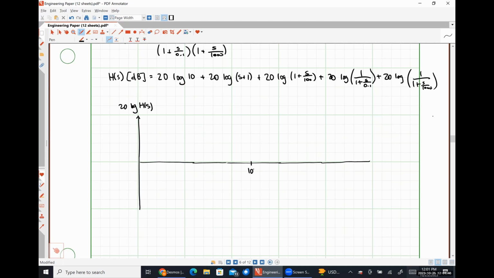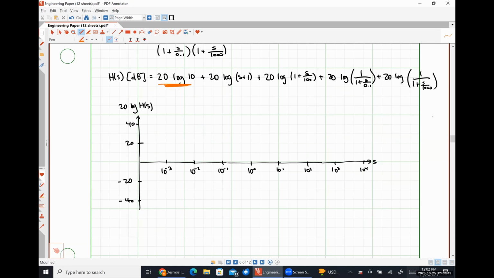Let's put 10 to the 0 right here, 10 to the minus 1 here, 10 to the minus 2, 10 to the minus 3, then 10 to the 1, 10 to the 2, 10 to the 3, 10 to the 4. Here's S. Let's make this positive 20 decibels, 40 decibels, negative 20, negative 40.